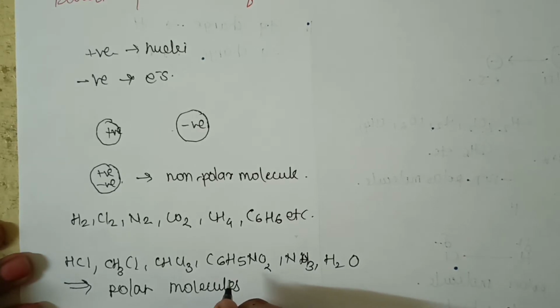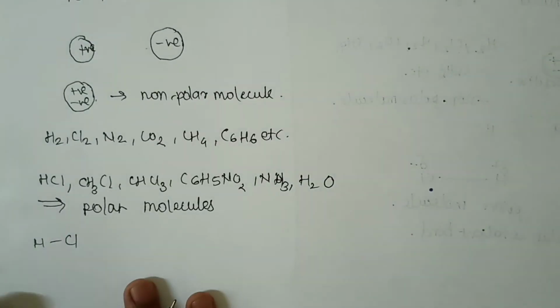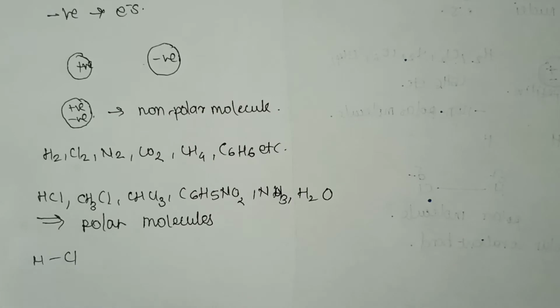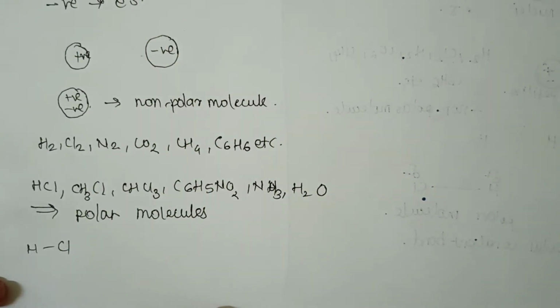The polarity of molecules is based on the electronegativity difference of the constituent atoms. We will see one example, HCl. In this, the electrical charge distribution is unsymmetrical because chlorine is more electronegative than hydrogen, and the electron pair lies closer to the chlorine due to its high electronegativity.